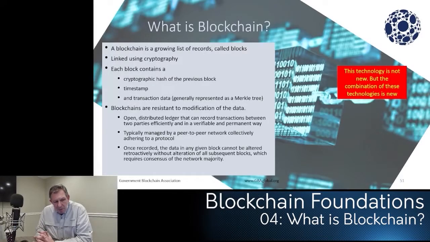So when we talk about what a blockchain is: a growing list of records, typically organized into something called blocks. It's linked together using cryptography. What that means is you can take any information and you can encrypt it, right? Actually, you can take all the information in a set of records, encrypt that, put that in a block, encrypt that block, and then put a fingerprint of that block into the next block.